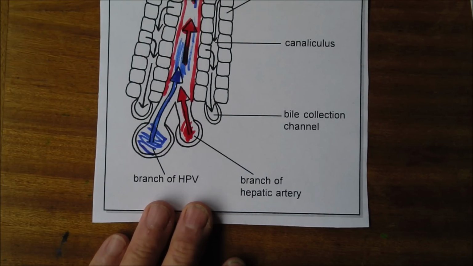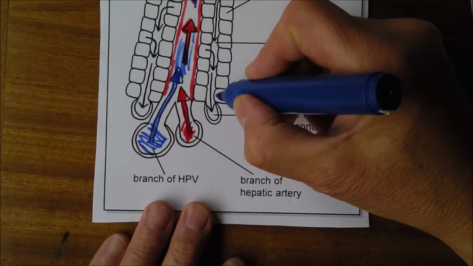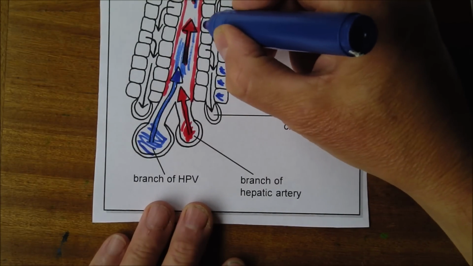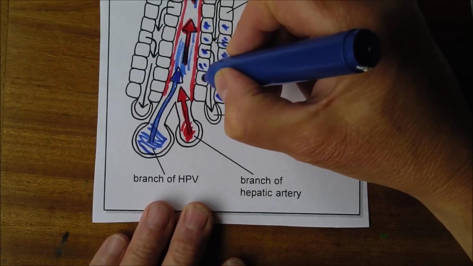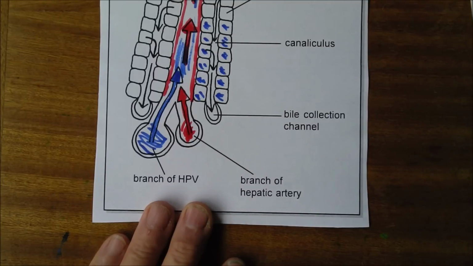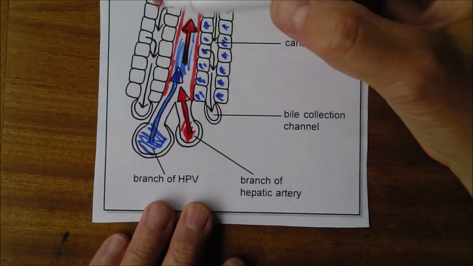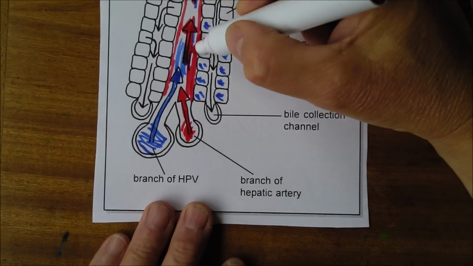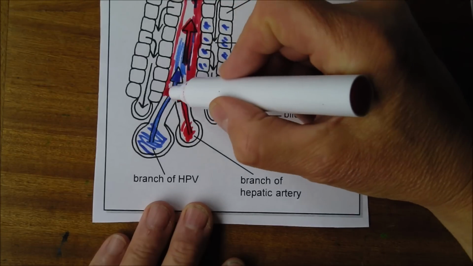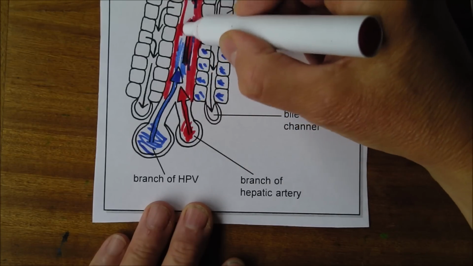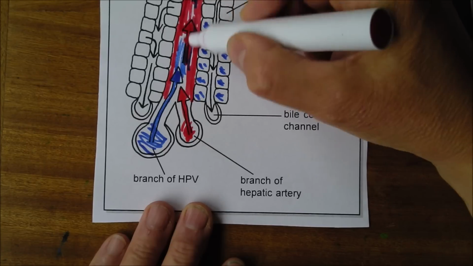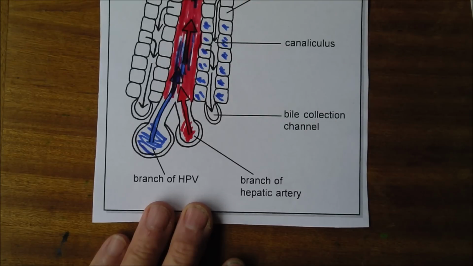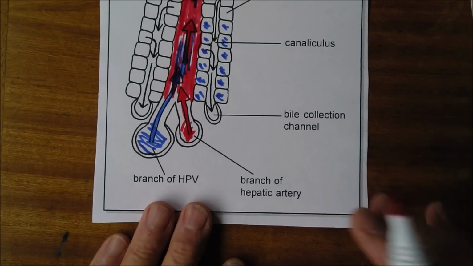Here we have the individual hepatocytes in these plates that we talked about, the hepatic plates. And we notice the hepatocytes have a blood facing side just here, allowing material to go in and out from the blood. There we've coloured in the sinusoid, the liver capillary.